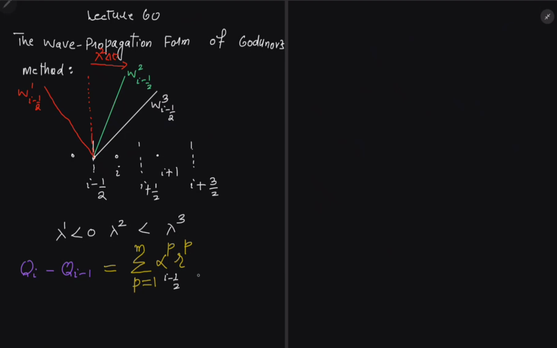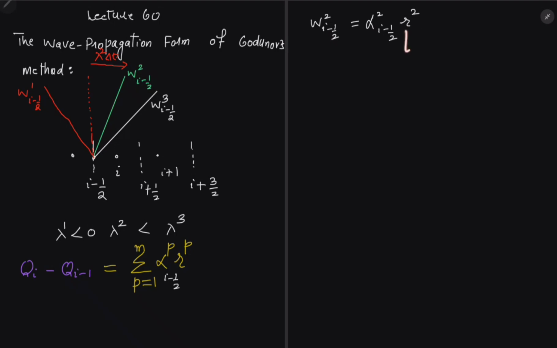All right. Suppose we talk about the wave W2. For the wave W2, we have W2 at I minus 1/2 is equal to alpha 2 at I minus 1/2 times R2.